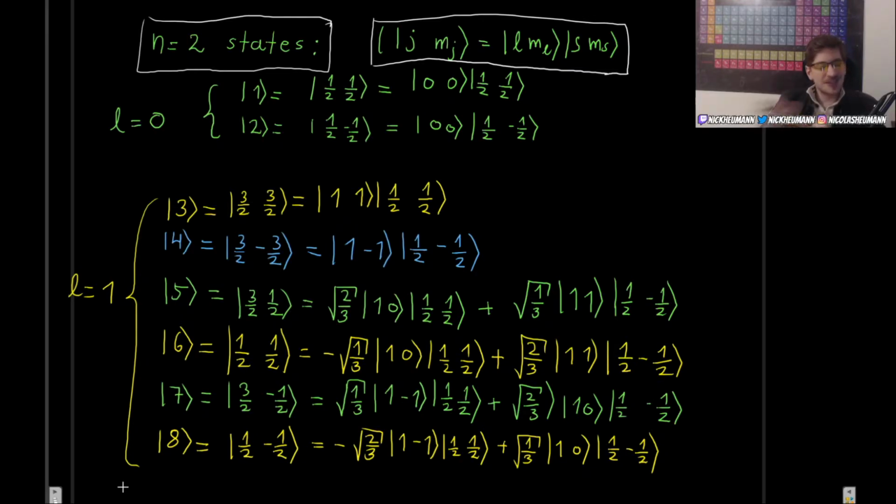But of course, since that is not the topic of this video, I simply looked them up in a table and wrote them here. But these are our 8 states. 2 of them correspond to L equals 0, and the other 6 correspond to L equals 1.